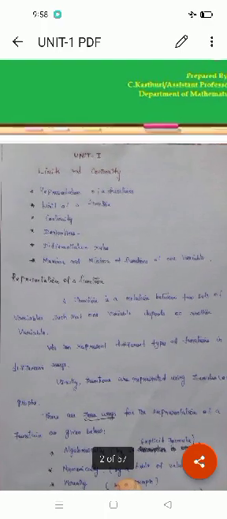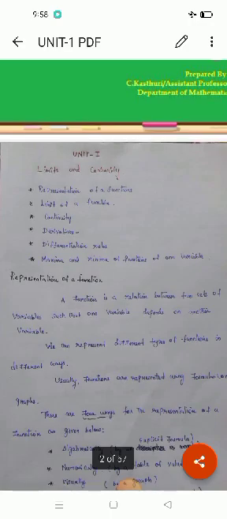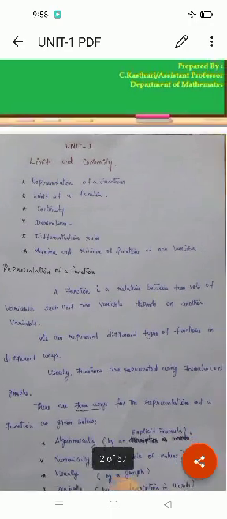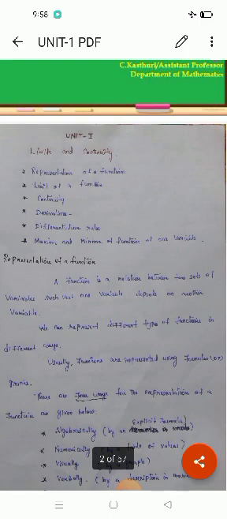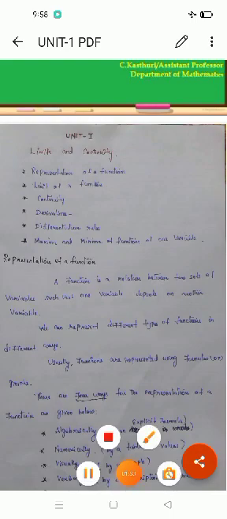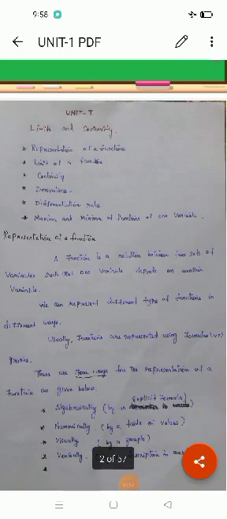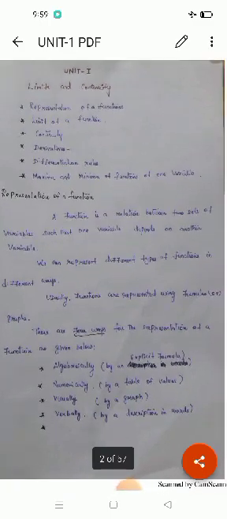So the first definition is how to represent a function. A function is the relation between two sets of variables such that one variable depends on the other. We can represent different types of functions in different ways, generally using formulas and graphs.